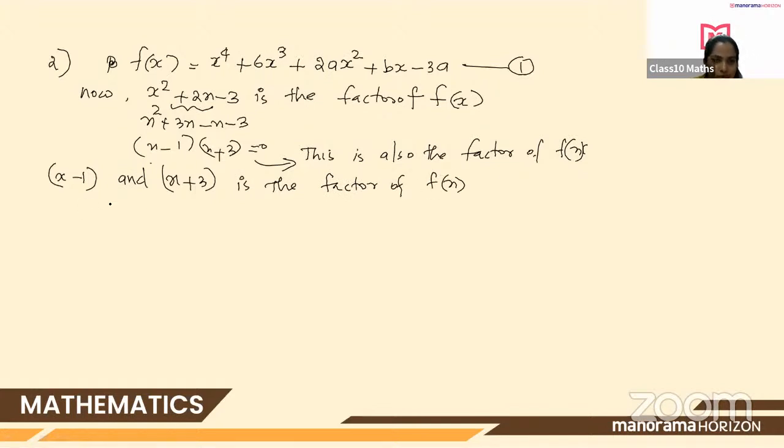So we get two values for x: x is equal to 1 and x is equal to minus 3. That is, f of 1 is equal to 0 and f of minus 3 is equal to 0.